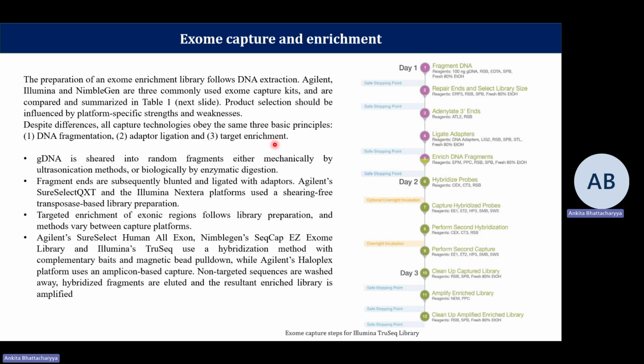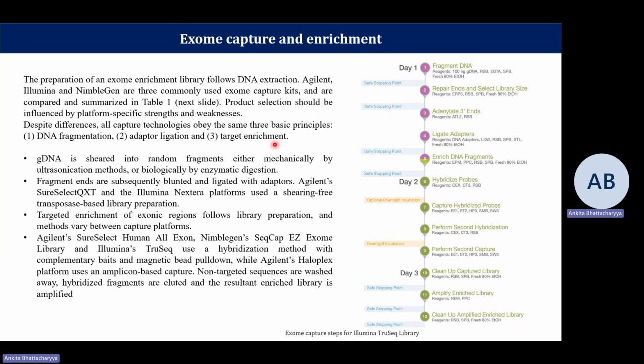Then the fragment ends are subsequently blunted and ligated with adapters, under which Agilent's SureSelect QXT and the Illumina Nextera platforms use a shearing-free transposase-based library preparation. Targeted enrichment of exonic regions follows library preparation.